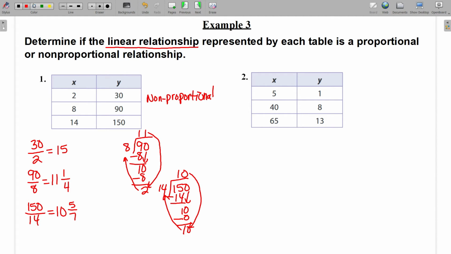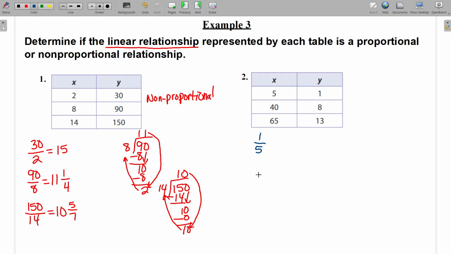Now for the second one, we already know that this is linear because we are told in our directions that it is, so we know the rates of change are consistent between each one of the ordered pairs. So now we are going to compare their y to x values. In the first one, that's 1 over 5, and that's a simplified fraction.